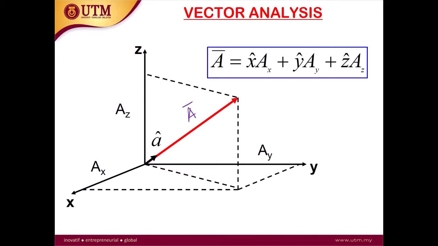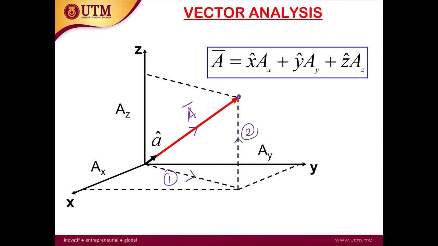The vector A from the origin to this point is equal to, basically, this part I rename as vector 1, and the second is vector 2.